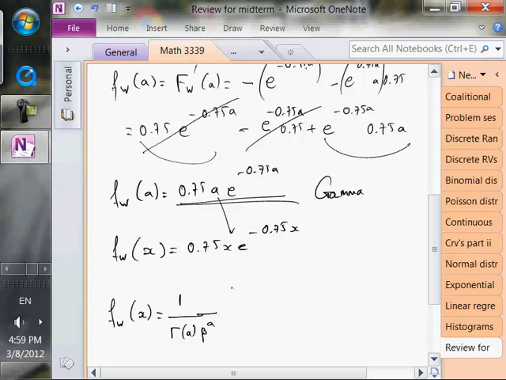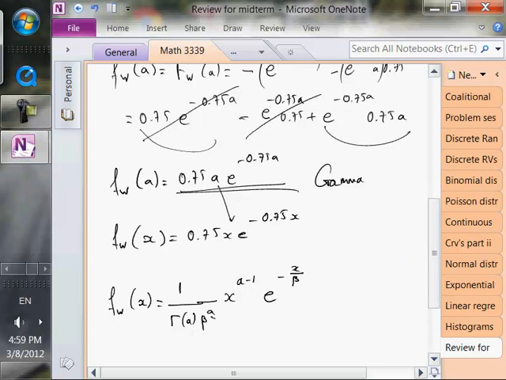Copying from the table, you have x to the alpha minus 1, e to the negative x divided by beta. So what are the appropriate values of alpha and beta here? Okay, alpha is 2 because you have x to the first power. So that automatically is telling you alpha must be equal to 2.